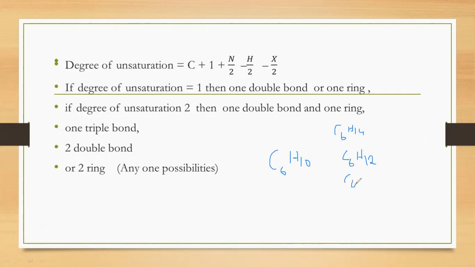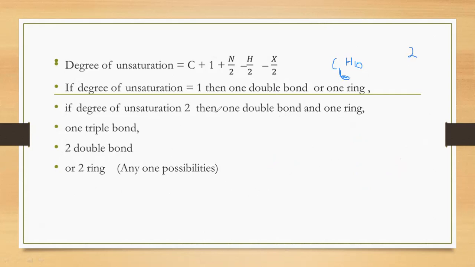Then C6H10 means there are 2 pi bonds. Unsaturation is 2. So this one I can get in a little different manner easily also. Use this formula for C6H10, where the degree of unsaturation is 2.